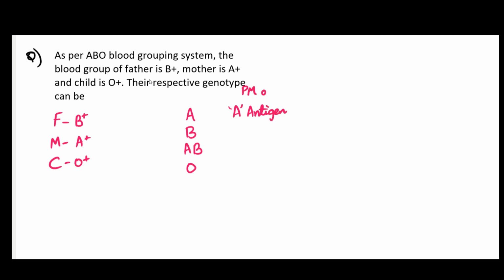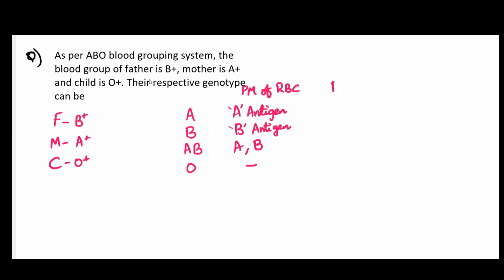So basically on the plasma membrane of the RBC, a person having A blood group has A antigen. B blood group type has B antigen on the plasma membrane of the RBC. AB blood group has both A antigen as well as B antigen, while O blood group does not have any antigens present.